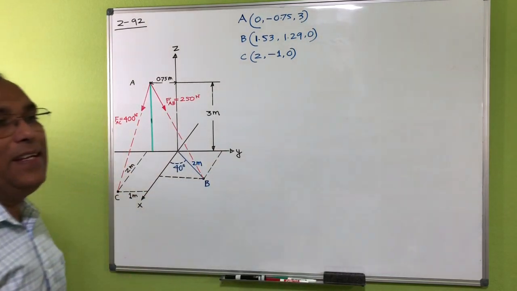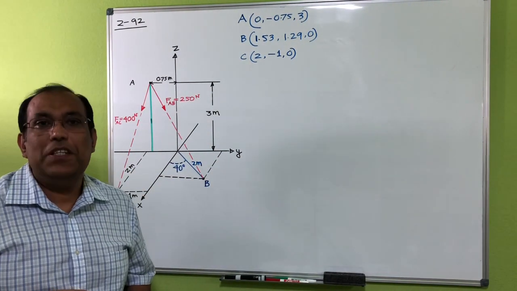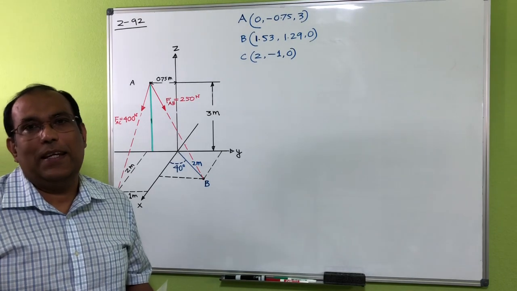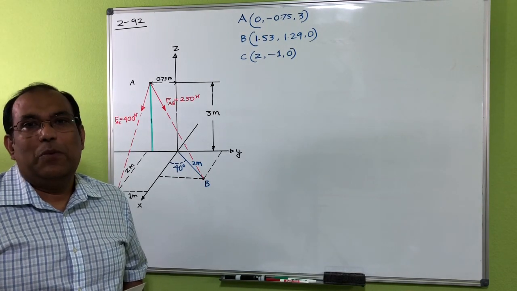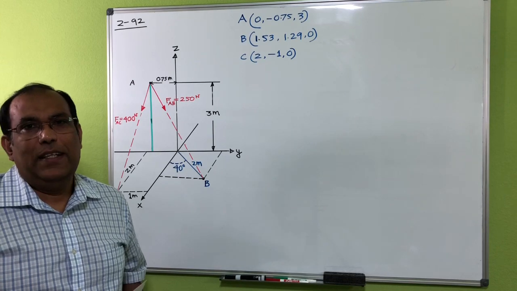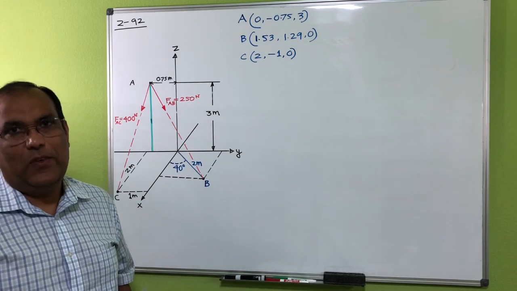So once again, we'll try to find out the position vector first, and then basically we'll convert that position vector to force vector and try to find out the resultant, right?